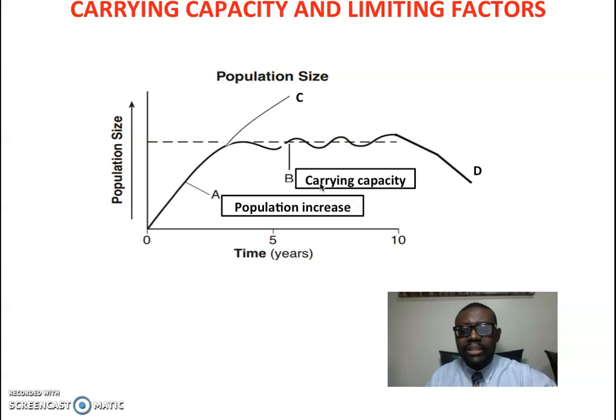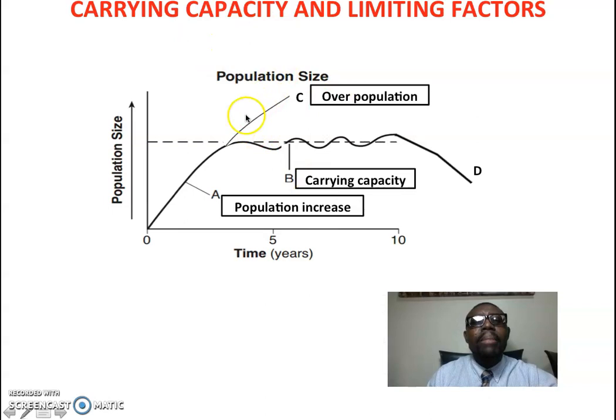When the population goes above the carrying capacity, what the environment can support, we call it overpopulation. That means the population has gone above what the environment can support.